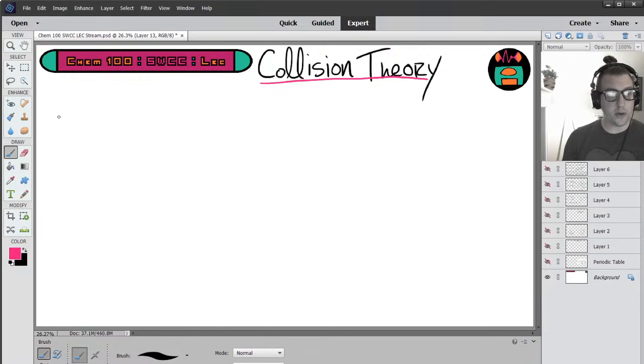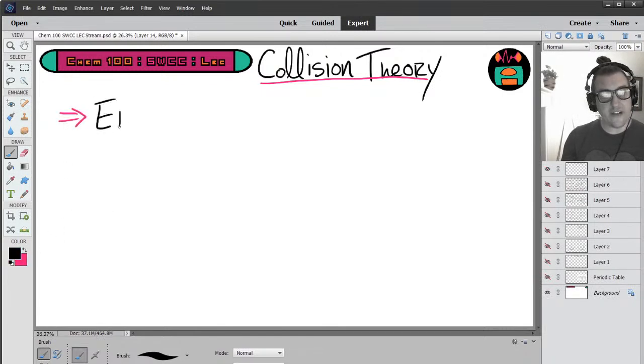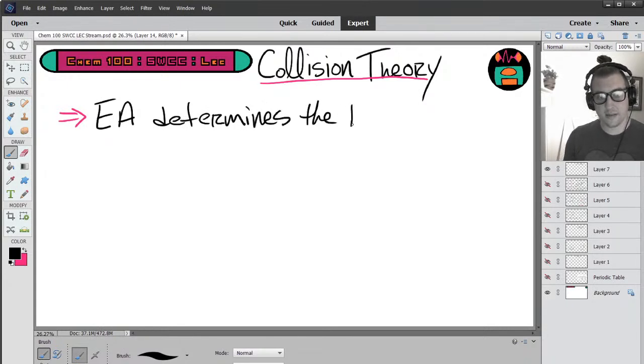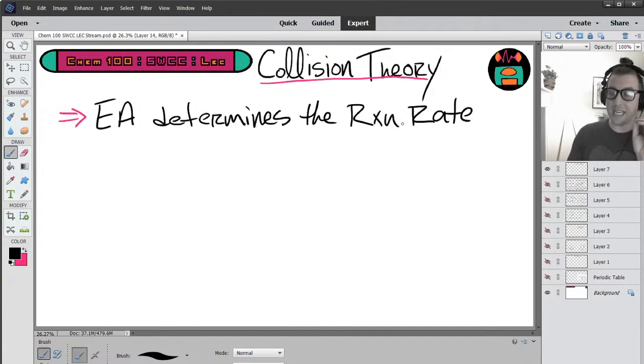Well, first and foremost, the energy of activation determines the reaction rate. All right? The energy of activation determines the reaction rate.